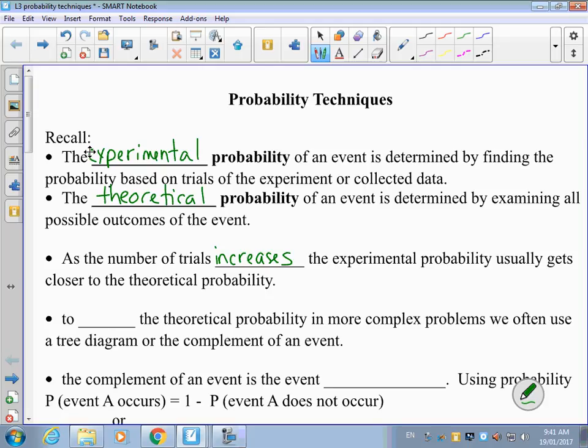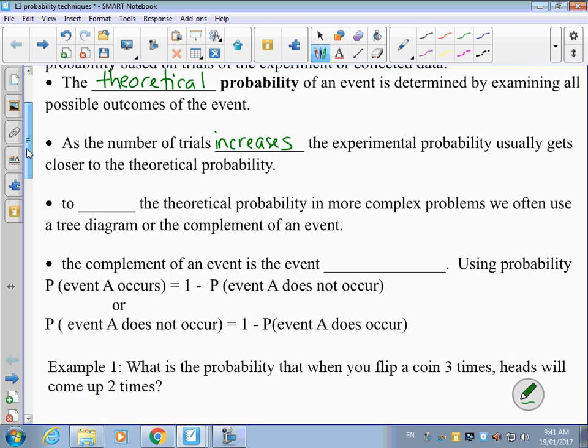So I know there's a 1 in 2 chance of tossing a head when I toss a coin. The more times I throw a coin, the more likely I am to get closer to 50%, which is a 1 in 2 chance of that event happening. So the more trials you do, the closer you get to the theoretical probability.